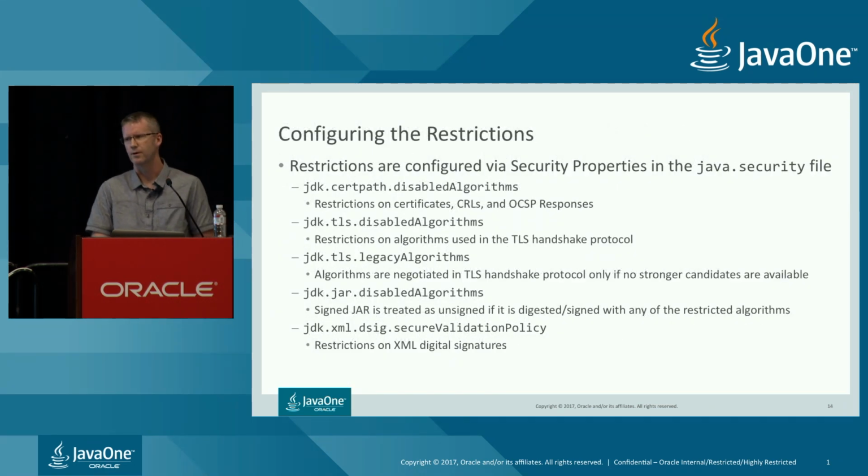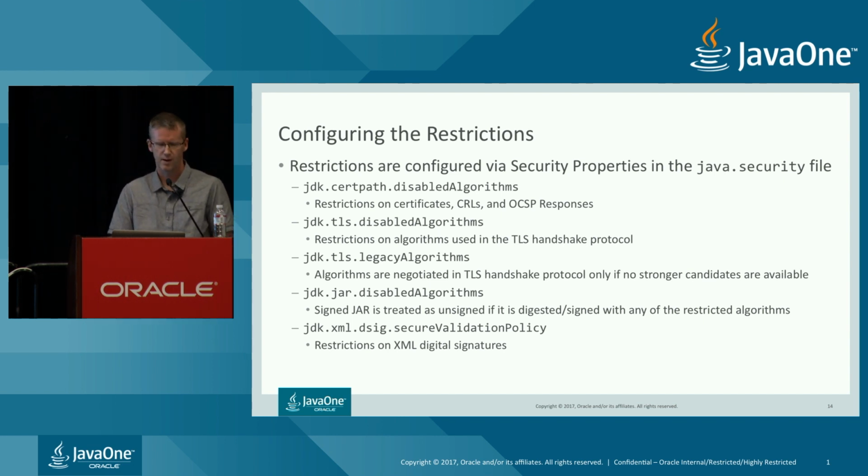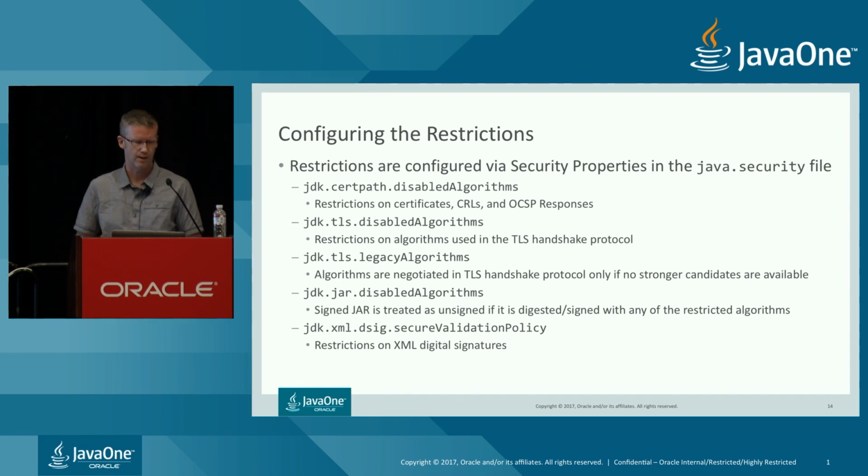I'm going to go a little bit under the hood just for one slide to show you how the restrictions are actually configured. The restrictions are configured via security properties in the Java security file. There are 5 properties that we use to configure that. The first is jdk.certpath.disabledAlgorithms, and these are restrictions on certificates, CRLs, and OCSP responses.